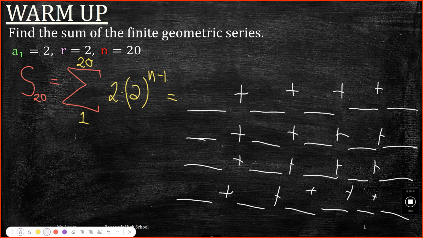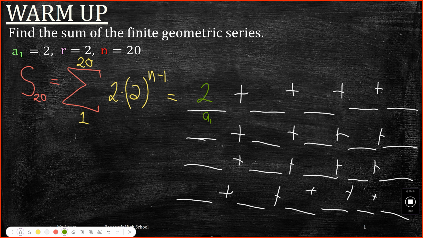So what would be the first number in that sequence? Well, A1. What's A1? A1 is given, and A1 is 2. So this is A1, A2, A3, A4, all the way to A20. A1 is 2. What's A2?